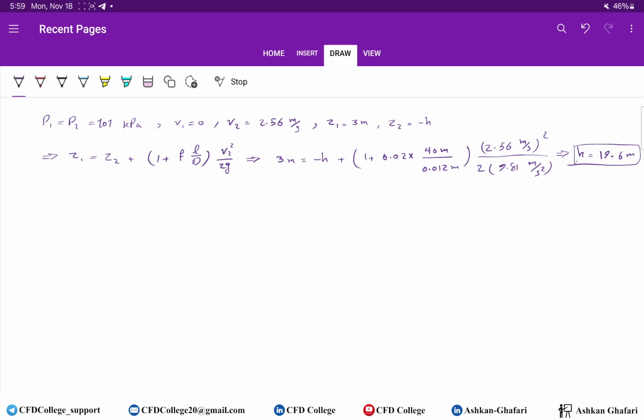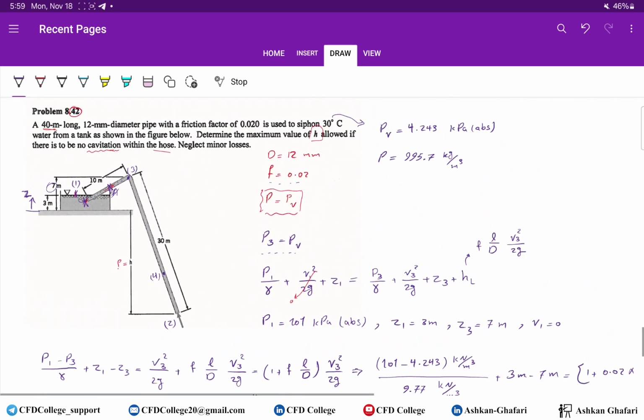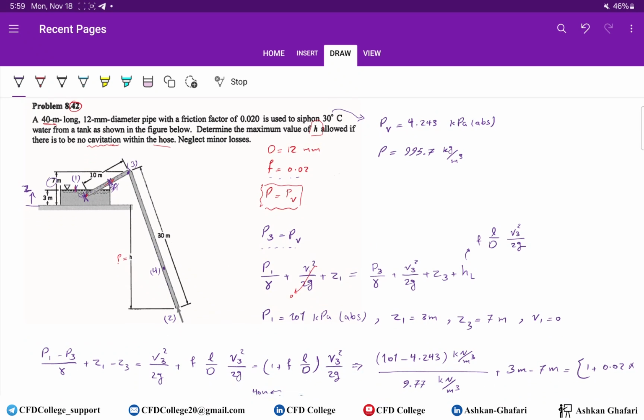But as I mentioned earlier, we have to check whether we have cavitation somewhere here between point 3 and point 2. Or let's say we want to check the assumption that point 3 has the minimum pressure in the system. This was the assumption that we made.